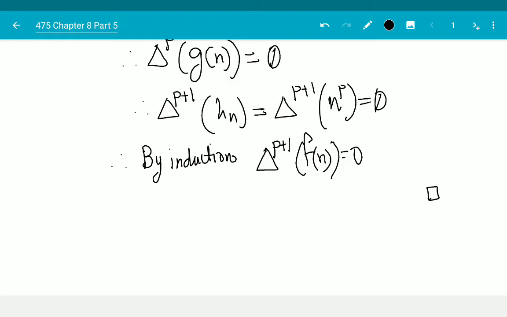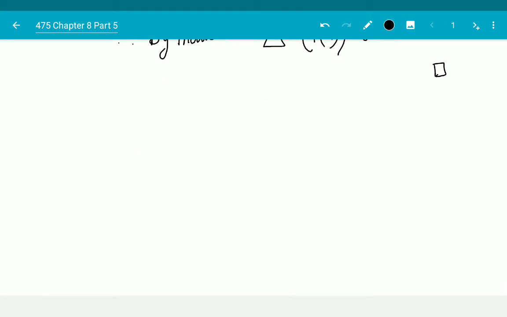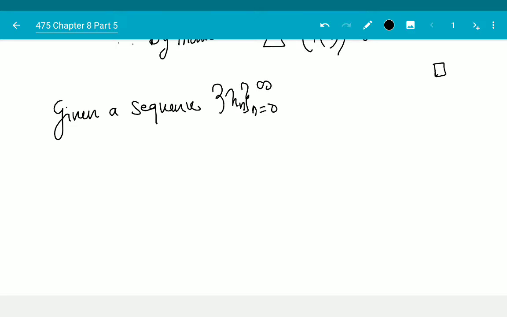Okay, let me now define what is called a diagonal sequence. Given a sequence h_n, construct the difference table.